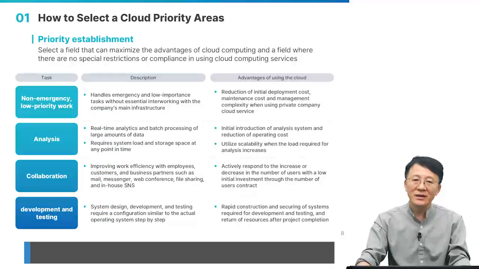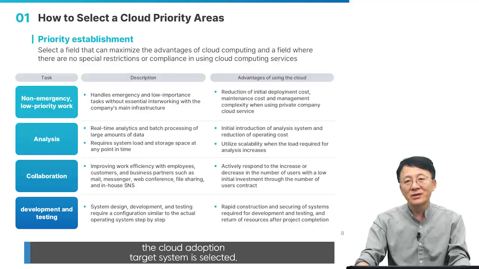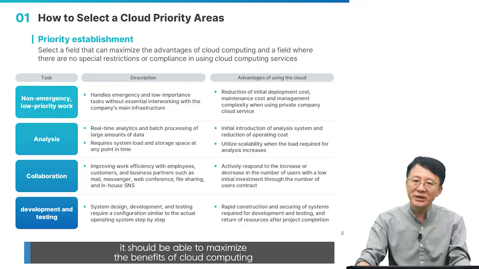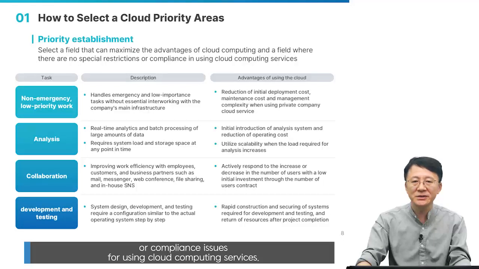After establishing the cloud adoption goal, the cloud adoption target system is selected. A system that can maximize the effect of introducing cloud computing should be selected. The criteria for selection are that it should be able to maximize the benefits of cloud computing and that there should be no special restrictions or compliance issues for using cloud computing services.